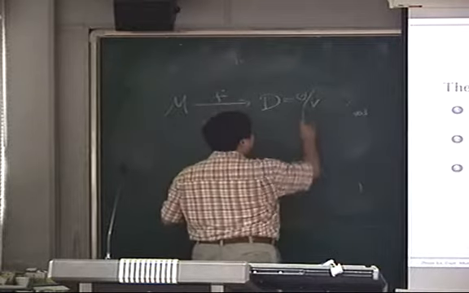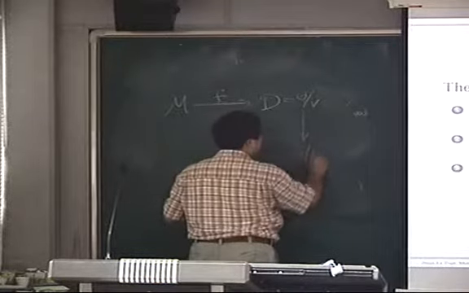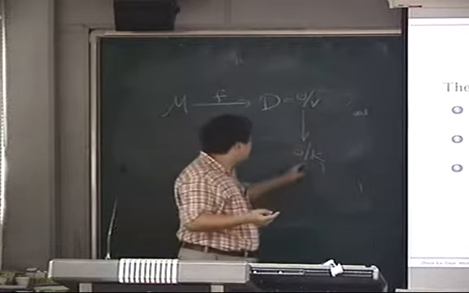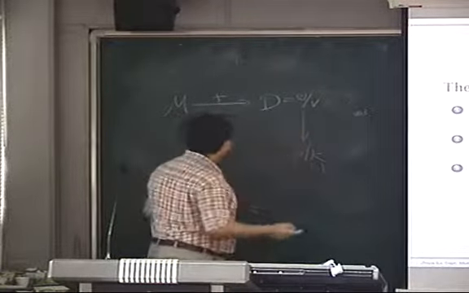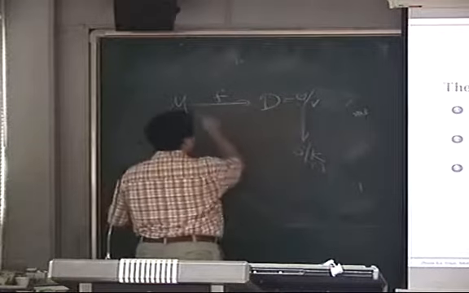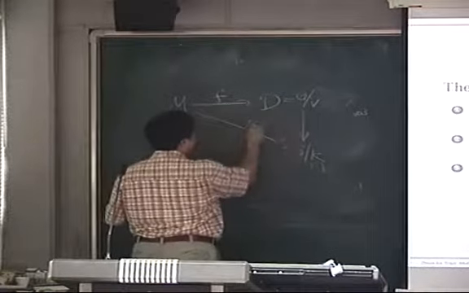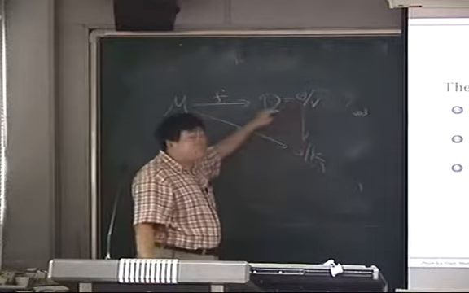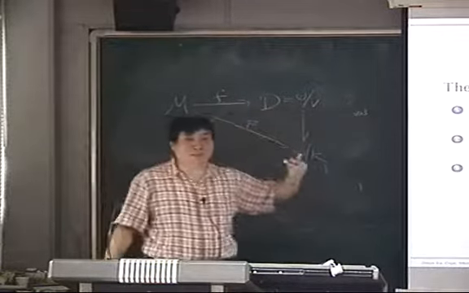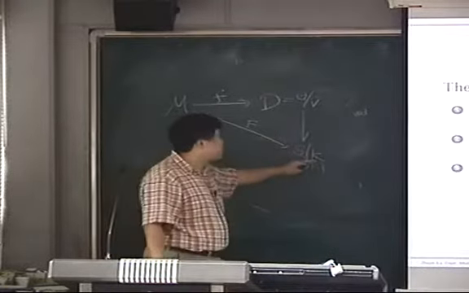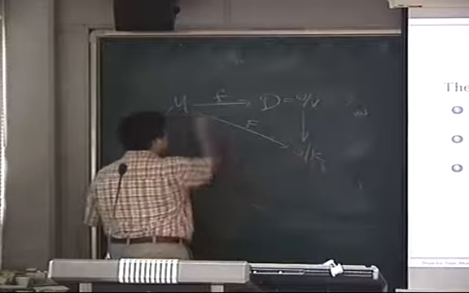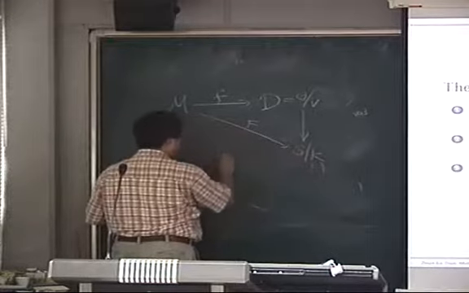With such a setting, we can always map it to G over K, where K is the maximal compact subgroup containing V. If we go this way, we have a map called capital F from M to G over K. Even though D is always a complex manifold, in general G over K may be a real symmetric space. What we can prove is that this map is always pluriharmonic.